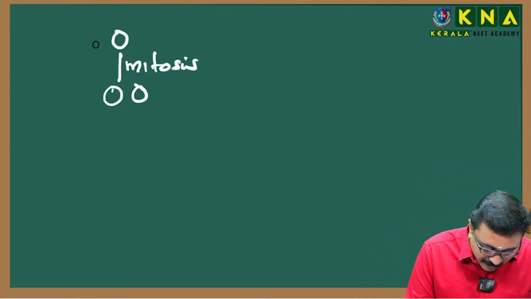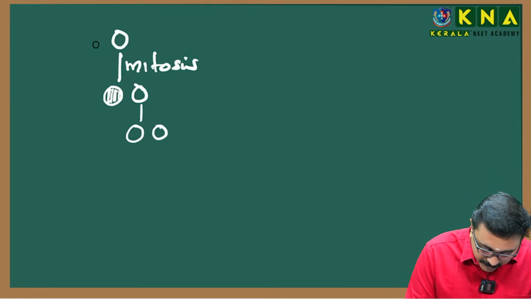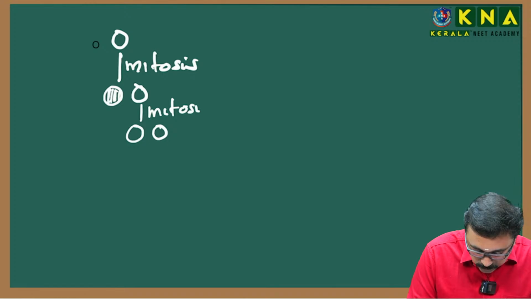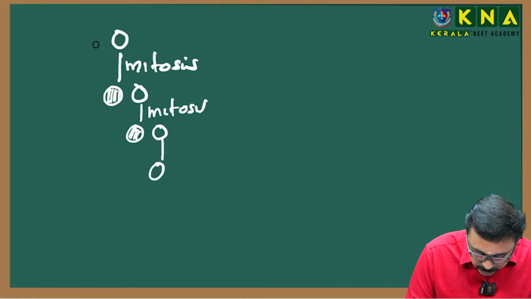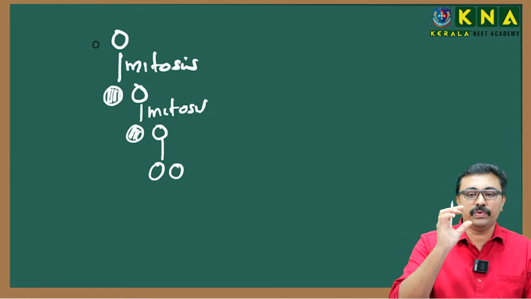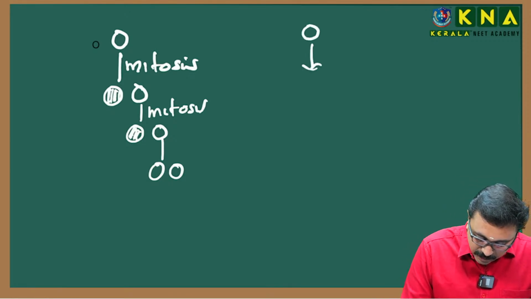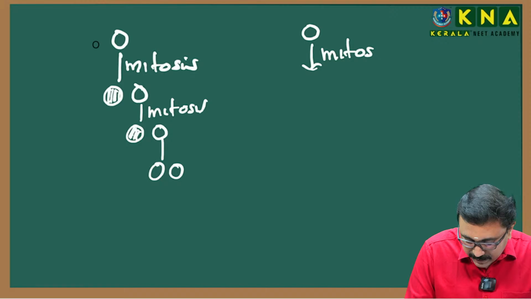Here one cell undergoes differentiation and the other cell continues to divide. It will also undergo mitosis, and this cell undergoes differentiation, while this one continues to divide again. This is one type of growth rate, and in another type of growth rate, this individual cell undergoes mitosis.